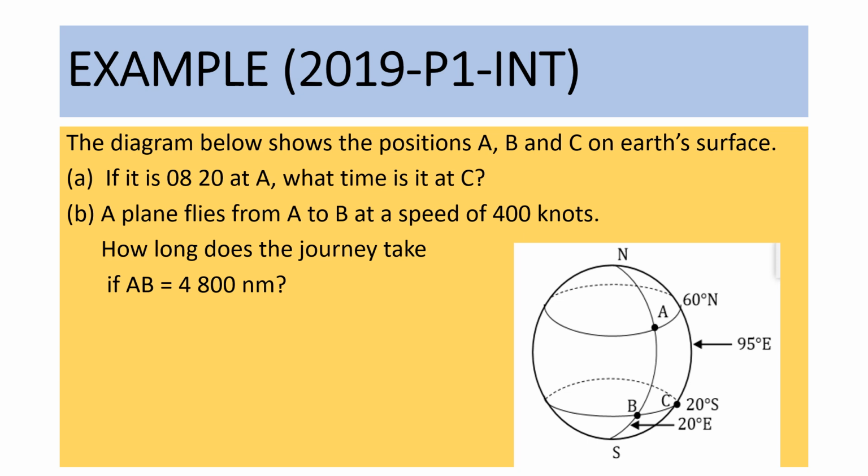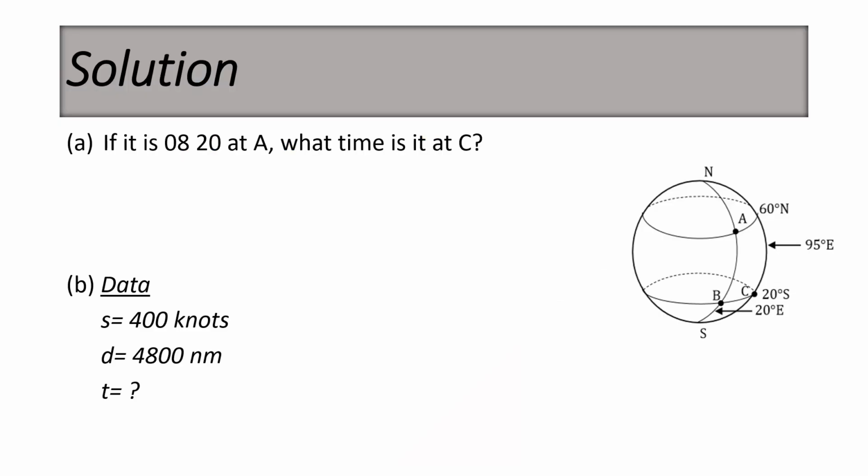Question B: a plane flies from A to B at a speed of 400 knots. How long does the journey take if AB is equal to 4,800 nautical miles? Now let's look at the solutions to the two questions.